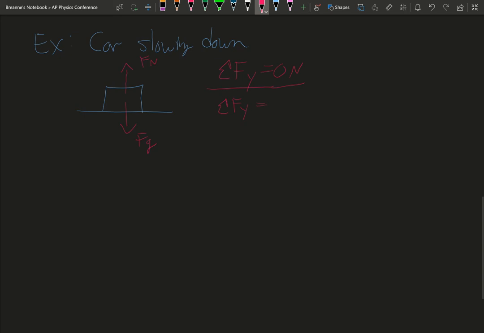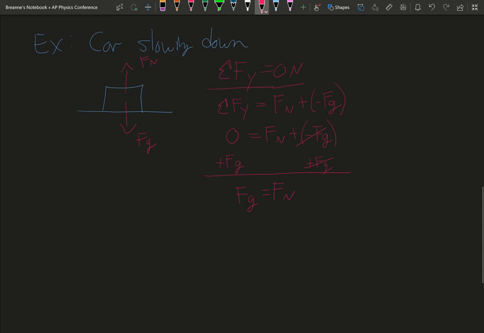And so when you do your net force, it'd be your force of normal plus a negative force of gravity. It's negative because gravity points down. We already know that your net force is 0. So we can bring our force of gravity over, and we get that our force of gravity equals our force of normal.